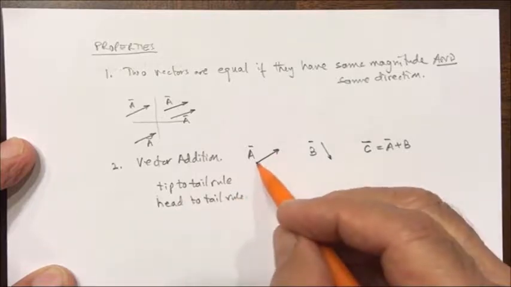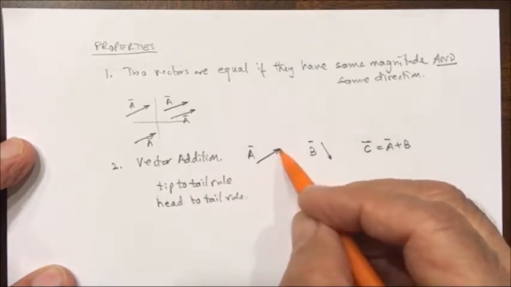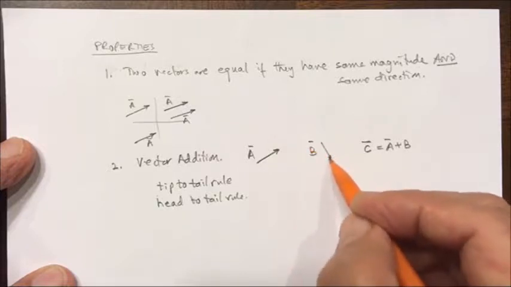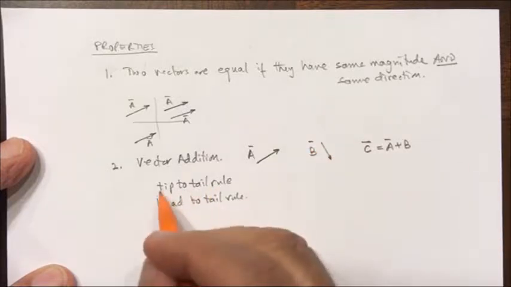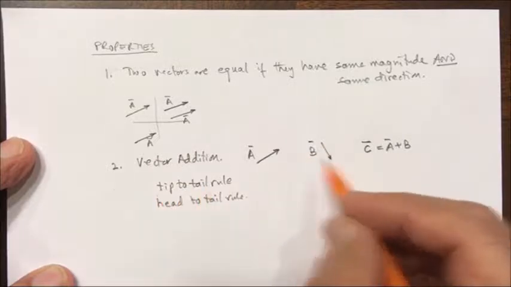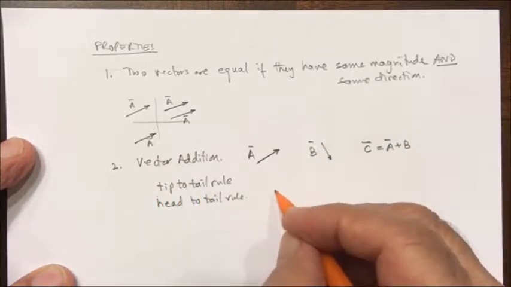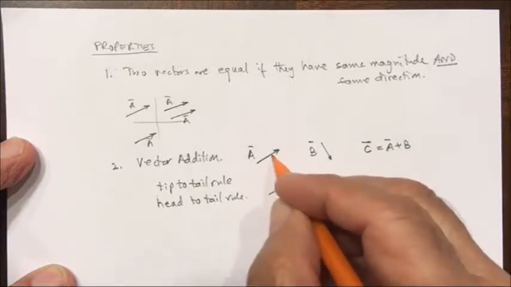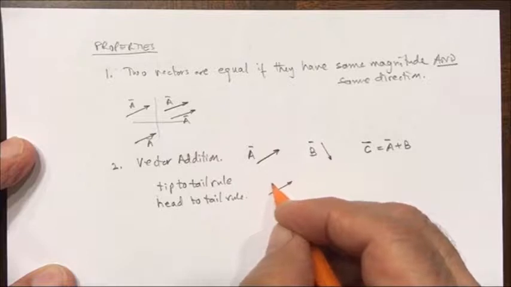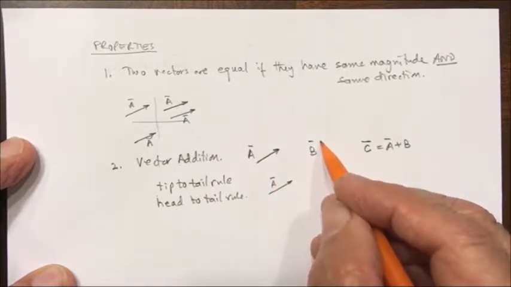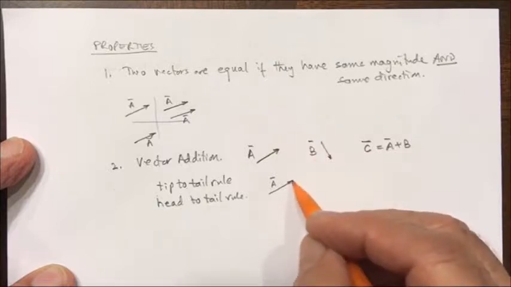So this is the tail of vector A, and that's the tip of vector A. And that's the tail of B, and that's the tip of B. So the tip to tail means that the tip of one attaches to the tail of the other. So when doing A plus B, we first draw the vector A, same length and direction as the original, and we draw the vector B so that the tail is at the tip.